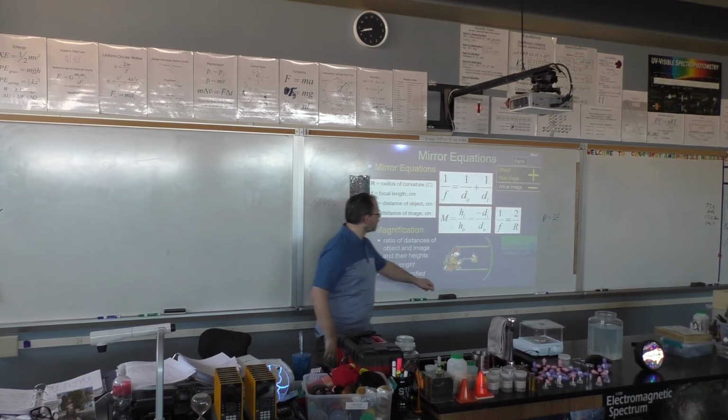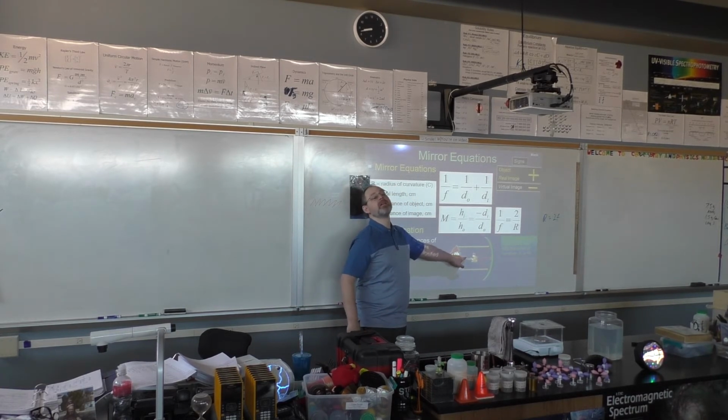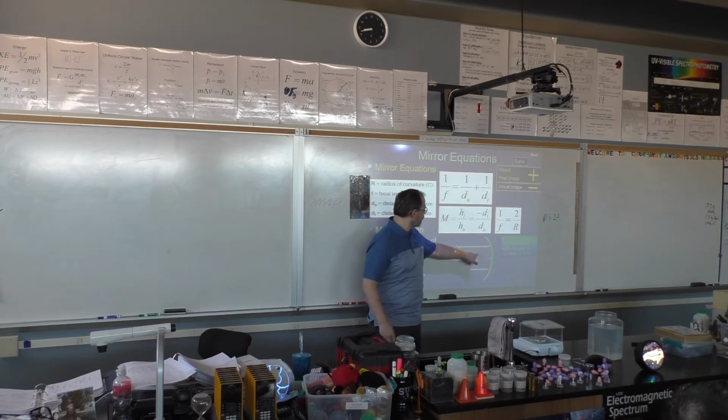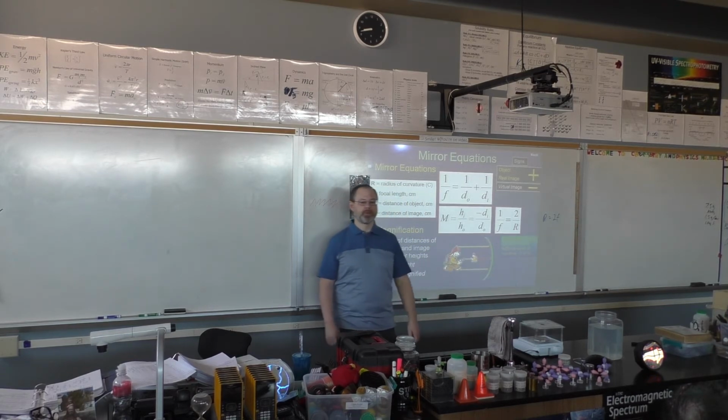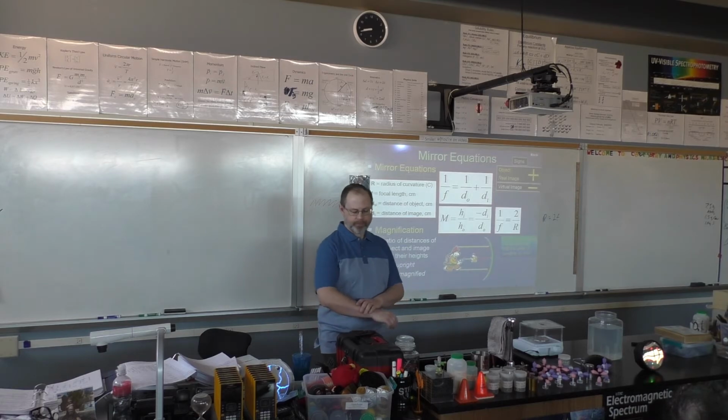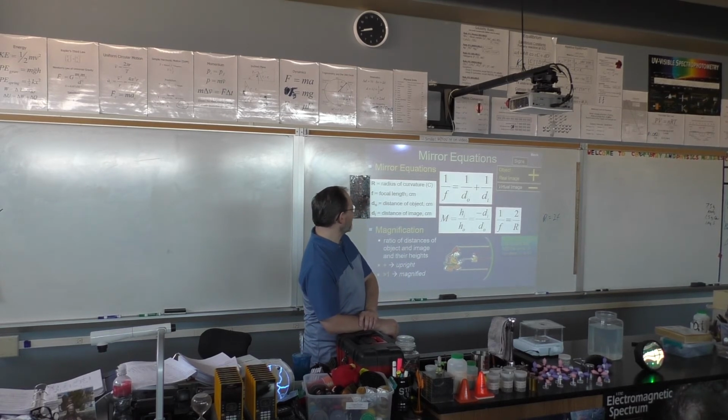If the reflection was observed back here beyond the focal point, then it would be inverted. But the top arrow is still the top arrow, and the bottom arrow is still the bottom arrow. Predict where you would put DI, DO, and F, and we'll see if your prediction matches my diagram.